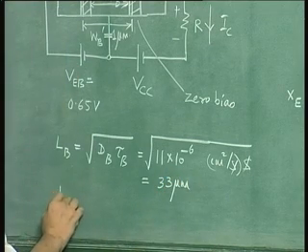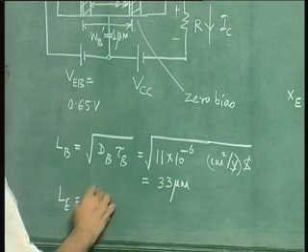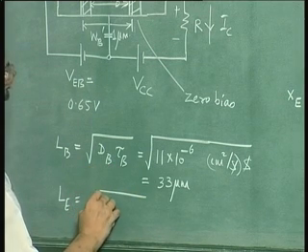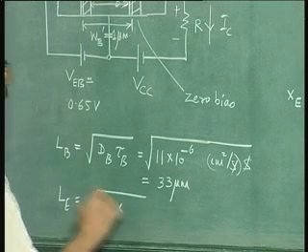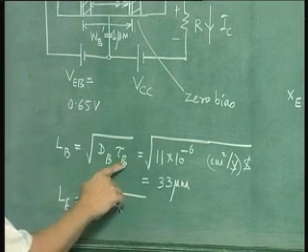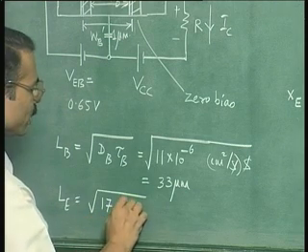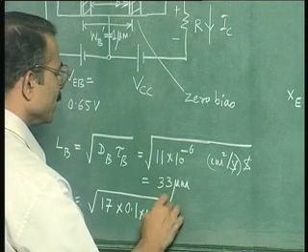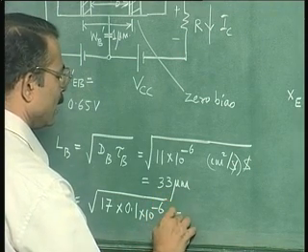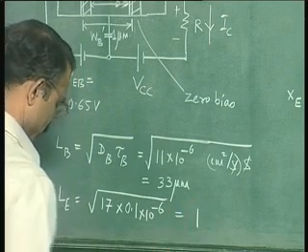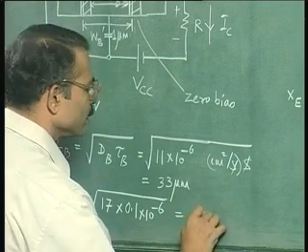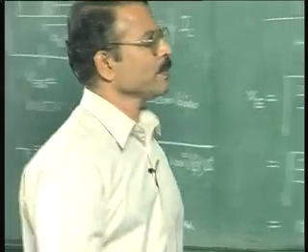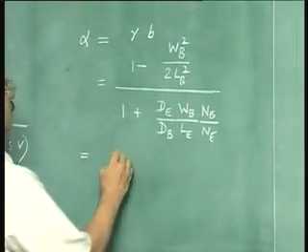In a similar way, if you calculate LE, you will get square root of diffusion coefficient in the emitter, that is 17 centimeter square per second, into the lifetime in the emitter, which we have taken as 100 nanoseconds or 0.1 microseconds, and this turns out to be equal to 13 micrometer.